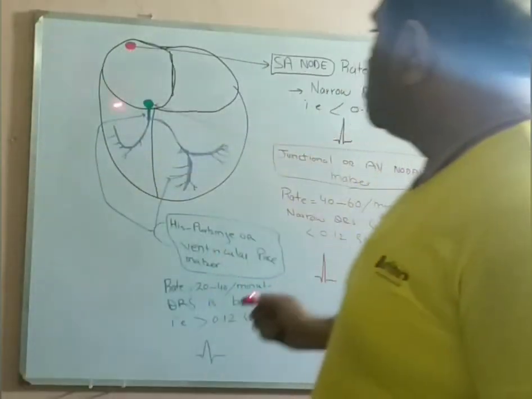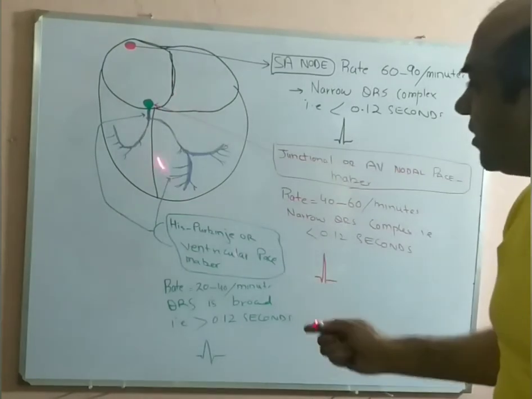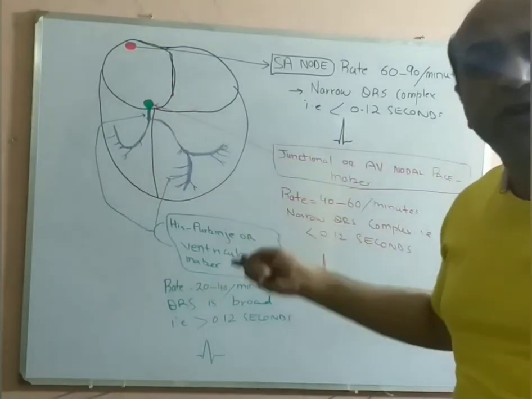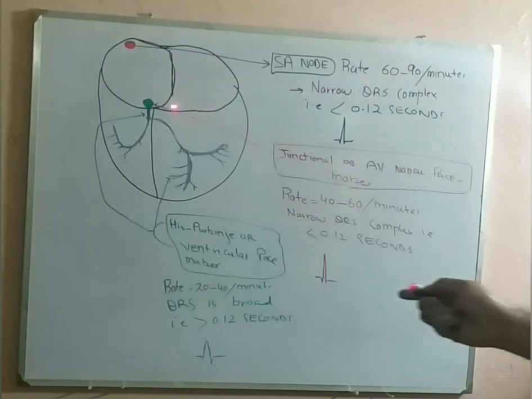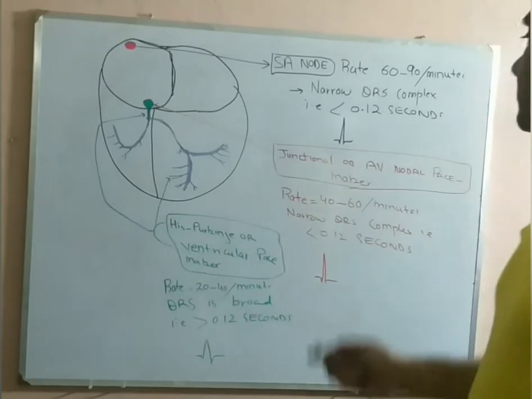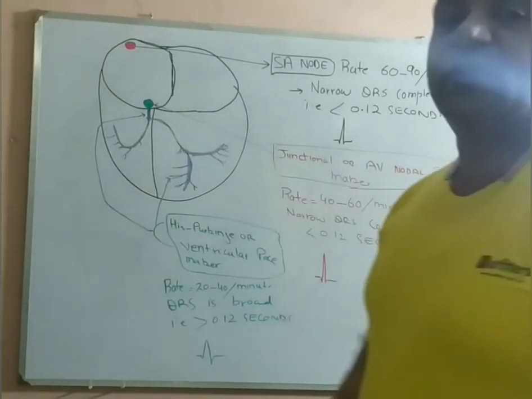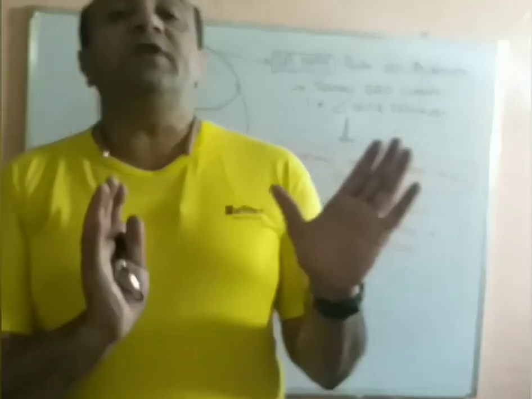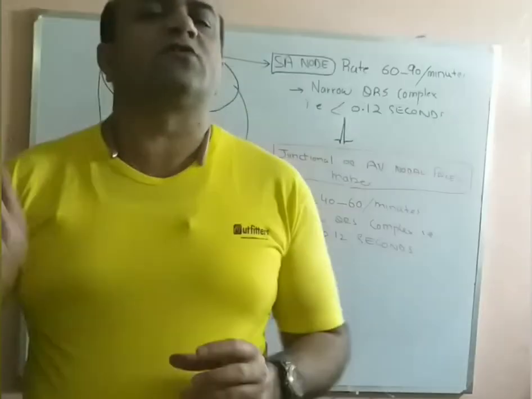Because initially, at a rate of 60 to 90 times per minute, both the atria and the ventricle were depolarized. But this time around, the atria will depolarize at 60 to 90 times per minute, but the ventricle will depolarize either at 40 to 60 times per minute or 20 to 40 times per minute. So this time around, P will have no correlation whatsoever with the QRS complexes.